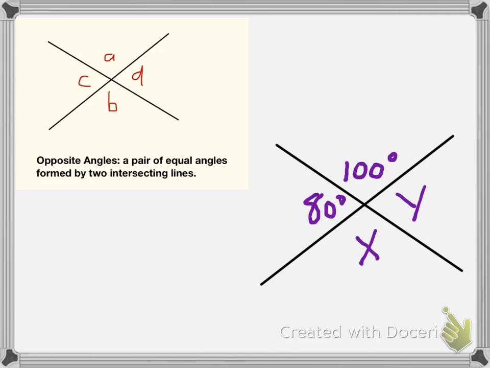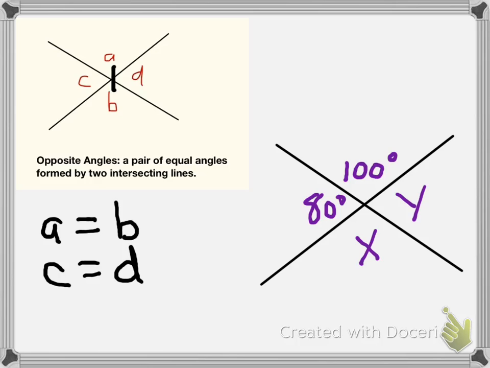So in our example in the top left corner, we have angle A equaling angle B because they are opposites. They are across from each other or opposite. So they would have the same value. Likewise, angle C would equal angle D.